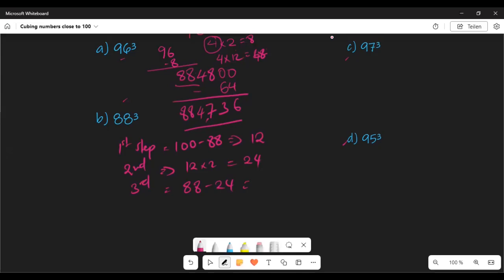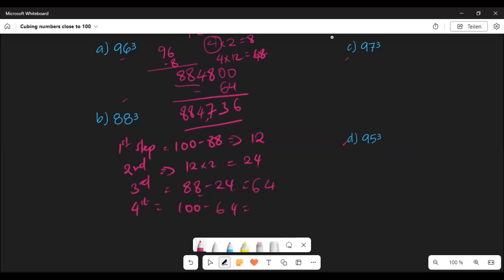Okay. So 8 minus 4 is going to give us 4. 8 minus 2 is going to give us 6. Okay. So now we have 64. The next thing we're going to do, the fourth step, we're going to say what is now 100 minus 64. And now we know that is 36.